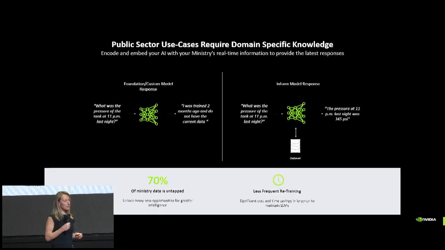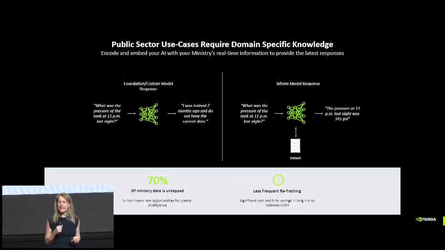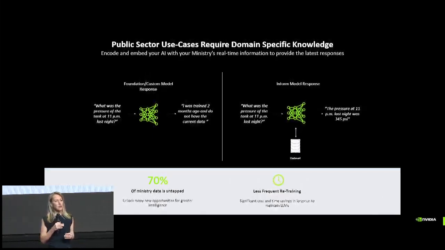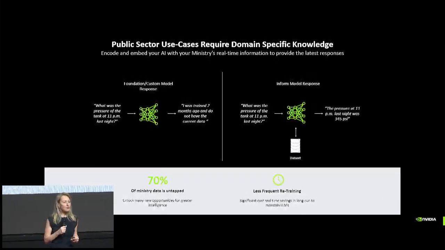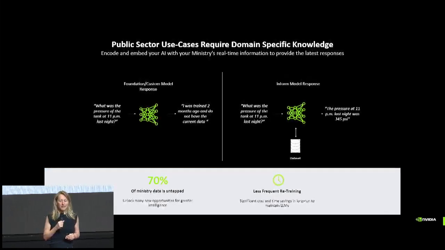So these public sector use cases that we're talking about absolutely need that fine-tuning with the data that's available locally, right? That allows you to bring more fidelity to the outputs that you're seeking, to the up-to-the-minute information.